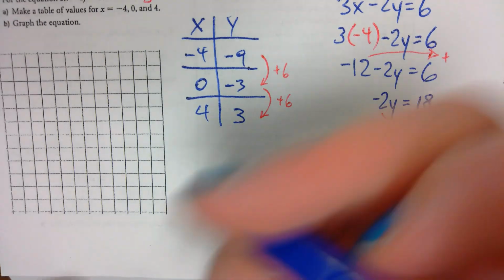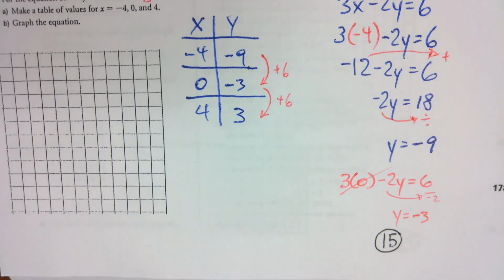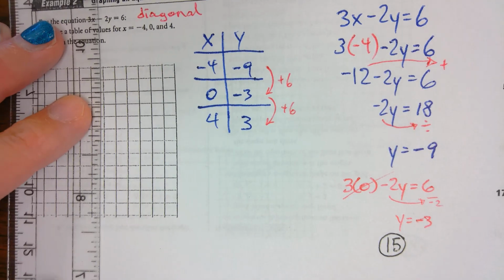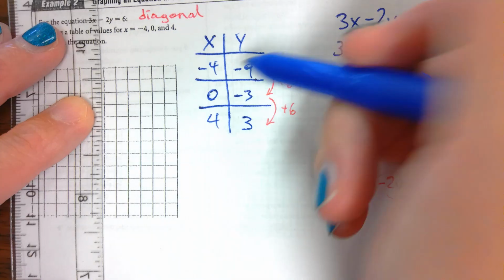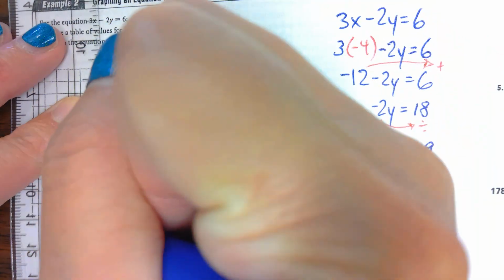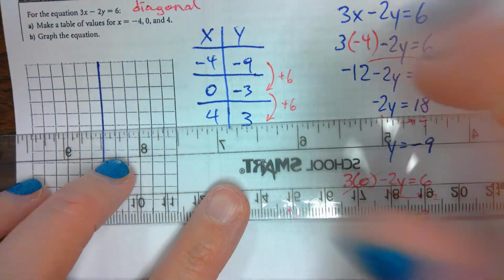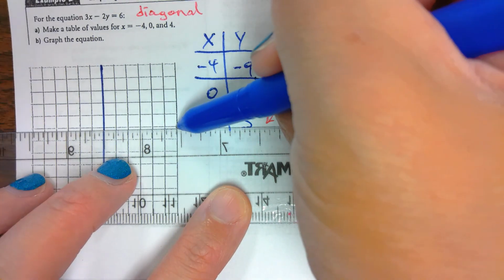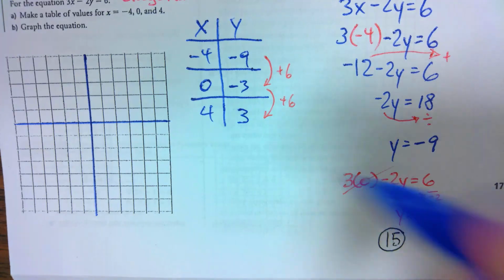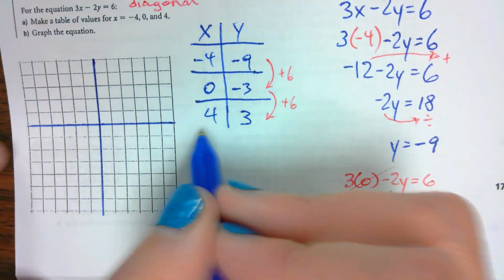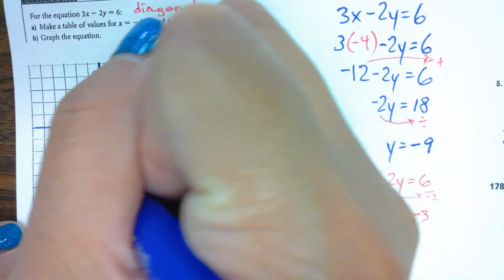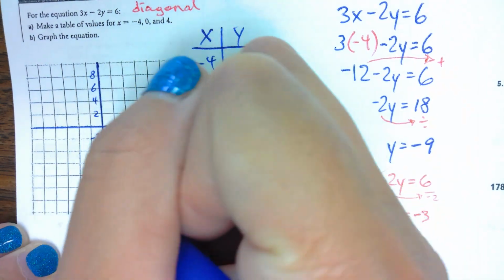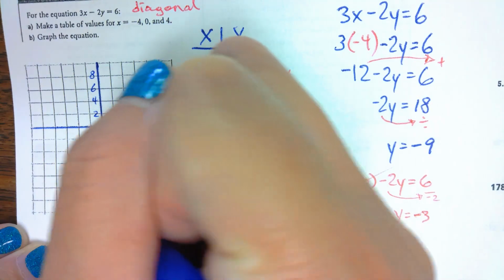So when I do my graph, I should have positive and negative values. So I'm doing a t-graph. I don't have enough space for every one, so I'm gonna do 1 for my x and then 2's for my y. 2, 4, 6, 8. -2, -4, -6, -8, -10.